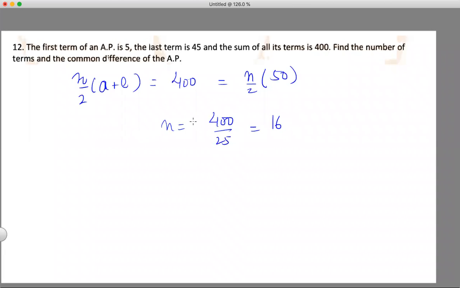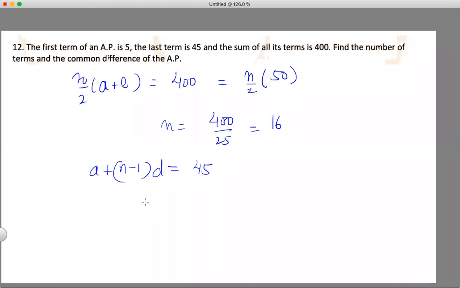Okay, now we have to find the number of terms, which is 16, and the common difference of the AP. What is the common difference? We will put the values in the formula: an is equal to a plus n minus 1 into d. So a plus n minus 1 into d is equal to 45.